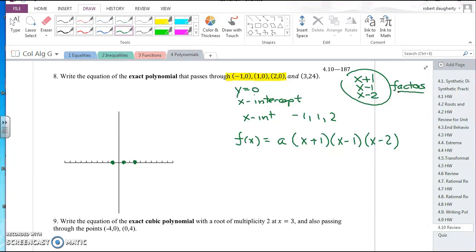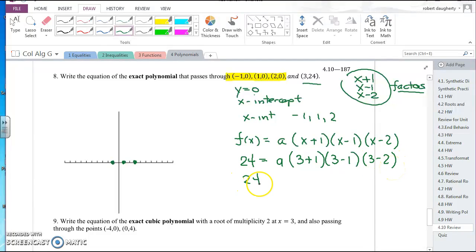Now the other piece of information I have is that the function has to go through the point 3, 24. That means when you put in a 3 for x, you're going to get a y value of 24. So 24 is equal to a times 3 plus 1, 3 minus 1, 3 minus 2.